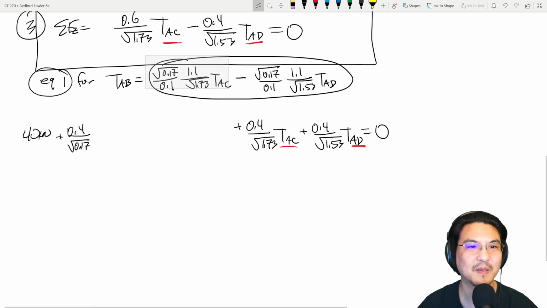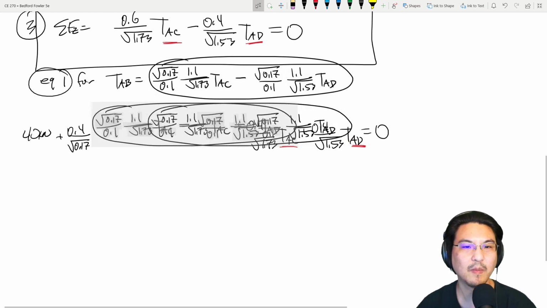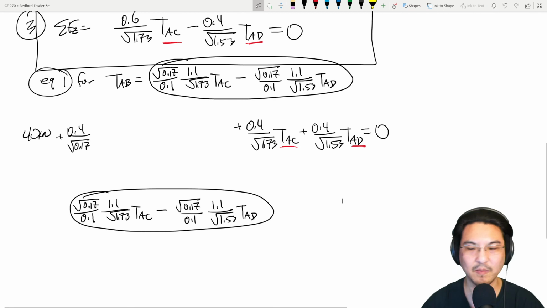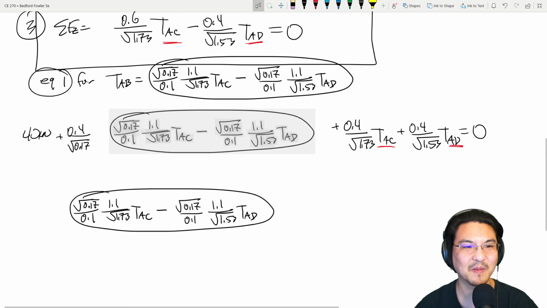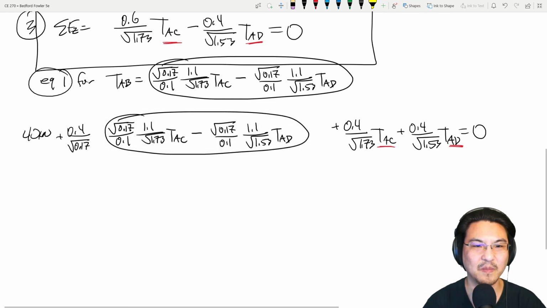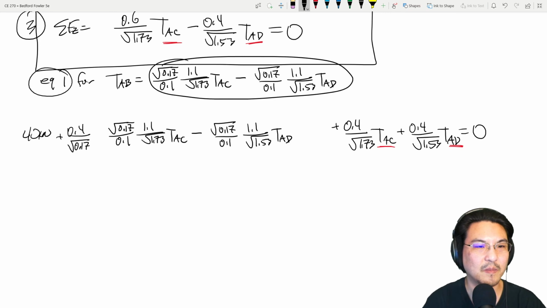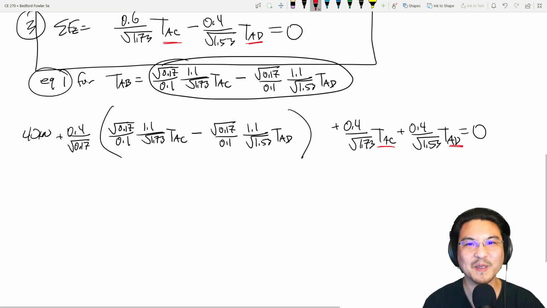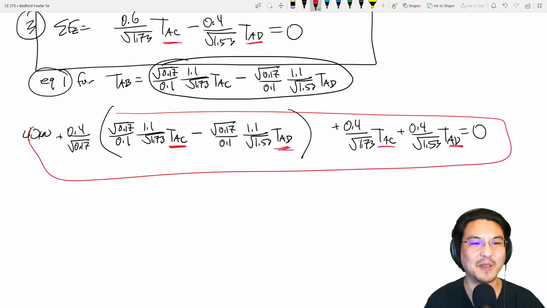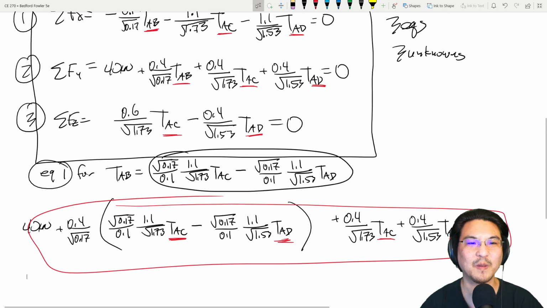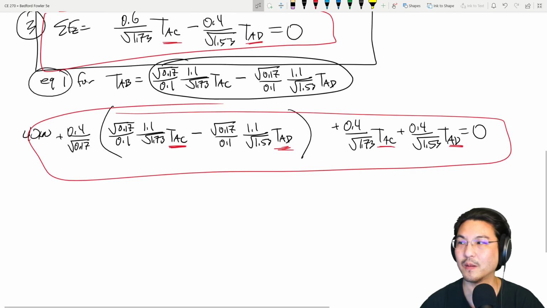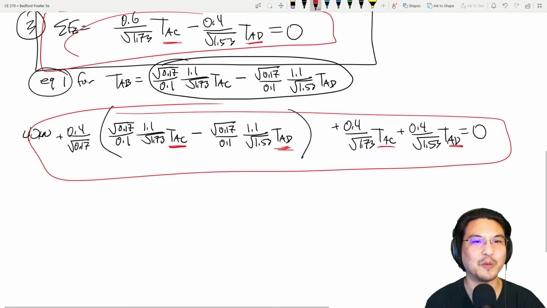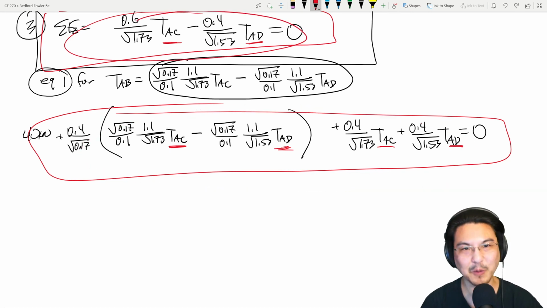Now take a look. This is only two unknowns, TAC and TAD. This one is also two unknowns, TAC and TAD. So these two equations, two equations, two unknowns. You know how to solve two equations, two unknowns, right?